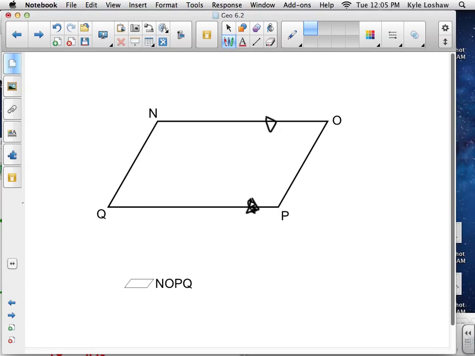That's parallel. Those are parallel. What else do we need to have? I do believe we need to have congruent opposite sides. With that concept of congruency, I do believe that opposite angles would be congruent.